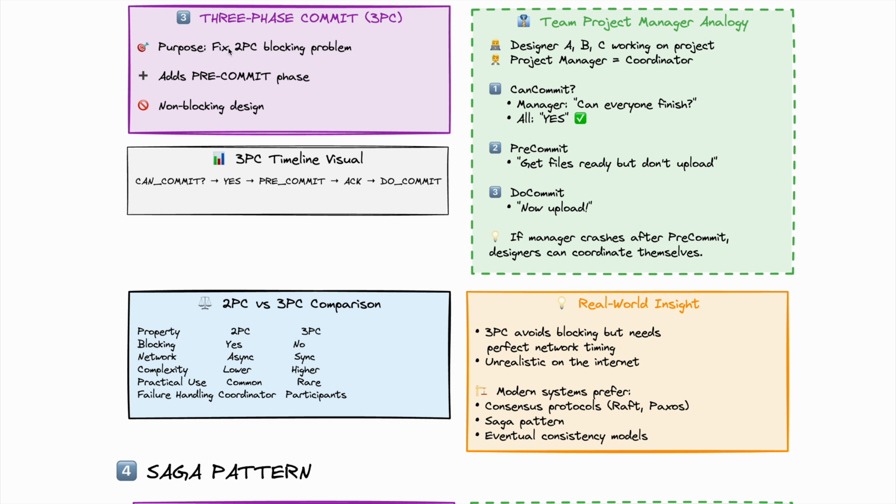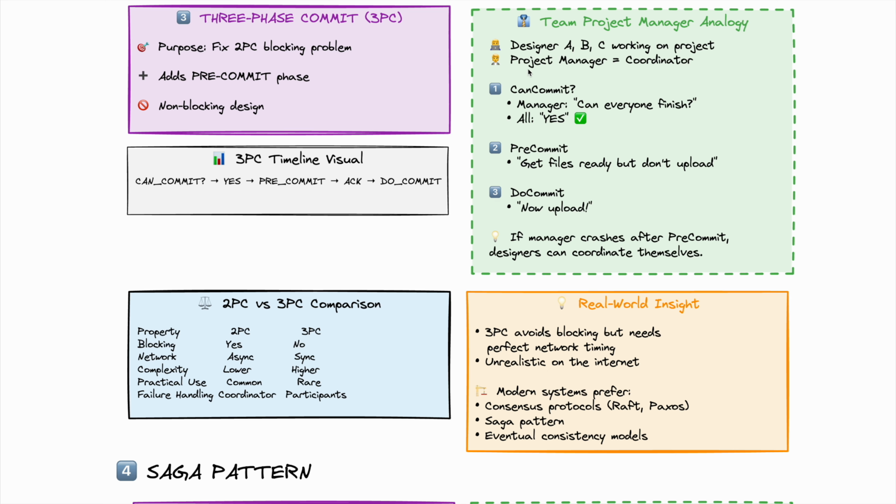So to solve that problem, 3-phase commit was introduced. What's the purpose of it? The purpose is to fix the 2PC blocking problem that we have seen earlier. It adds a pre-commit phase, and it's a non-blocking design. So what is the flow?